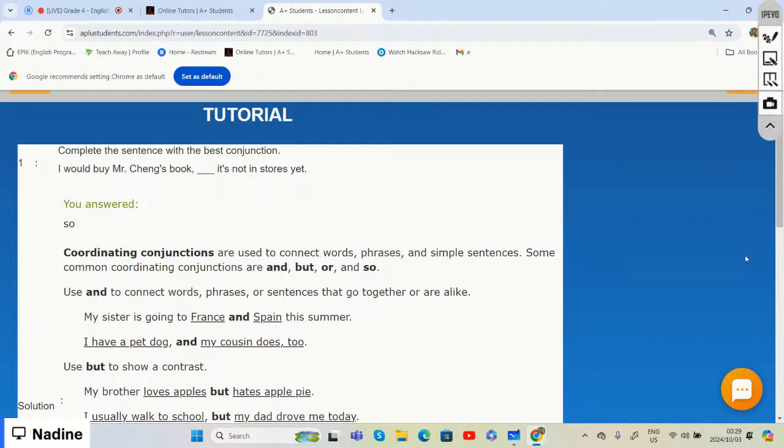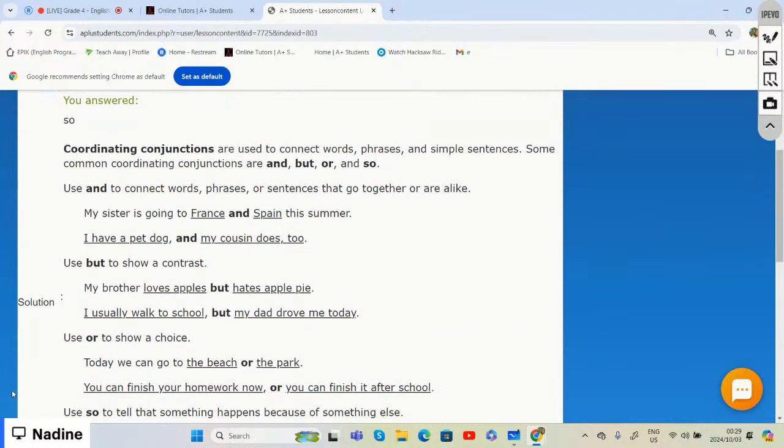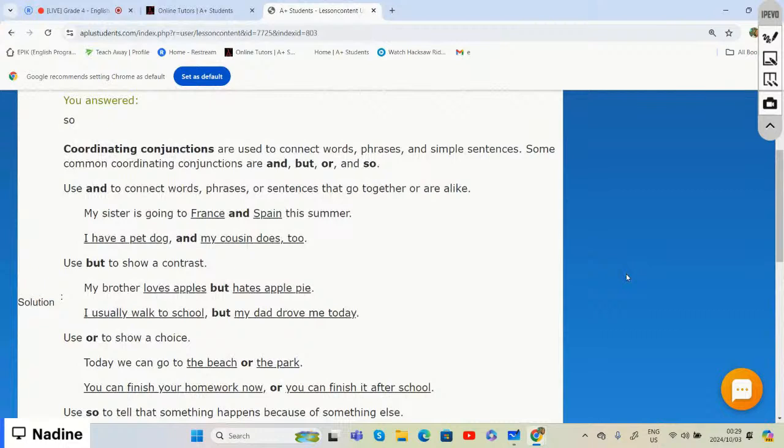All right. Remember we said that we use the word and to connect words, phrases, and sentences that go together or that are alike.